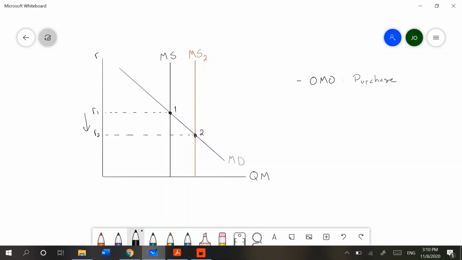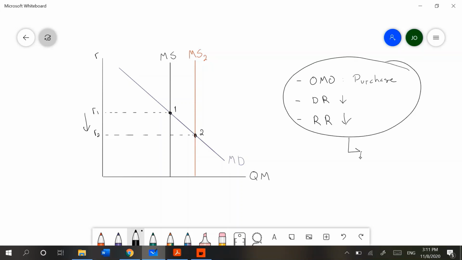Open market operations. It must purchase T-bills or government bonds. The discount rate should be decreased, as well as the reserve requirement ratio. All of these together will have the effect of shifting aggregate demand to the right.